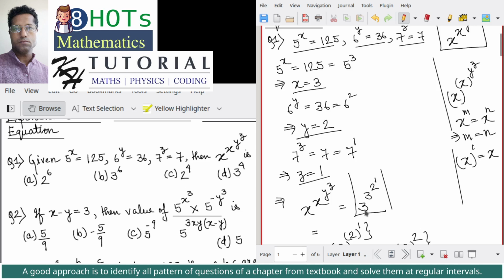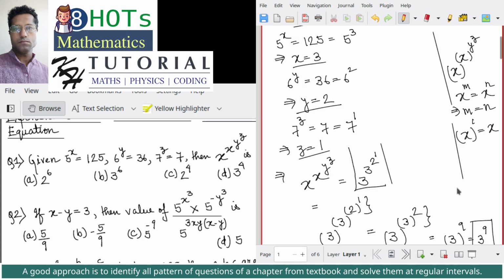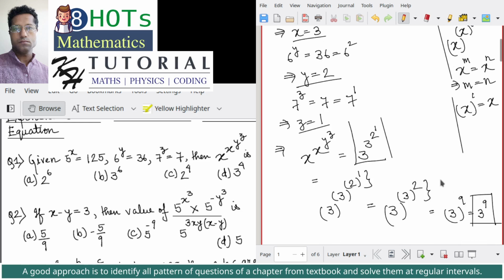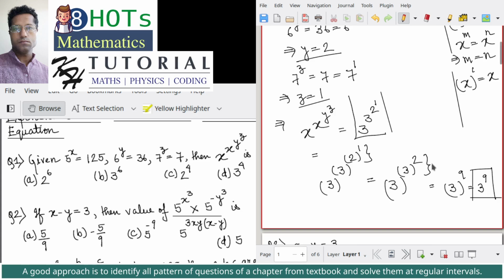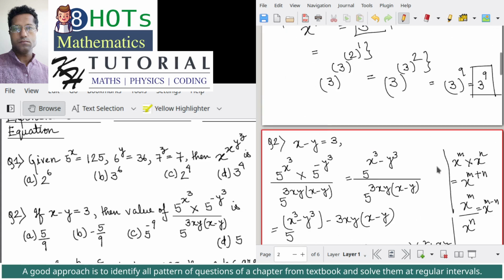So this is 3 to the power 2 to the power 1. 2 to the power 1 is 2, so this becomes 3 to the power 3 square, which is 3 to the power 9. This is fine. I think my answers for questions 1 and 2 are correct. I'm 100% sure.